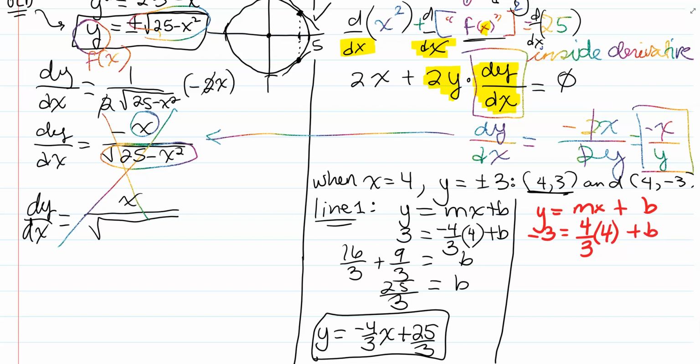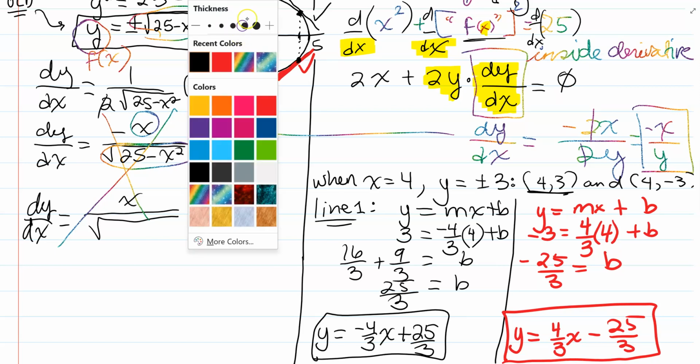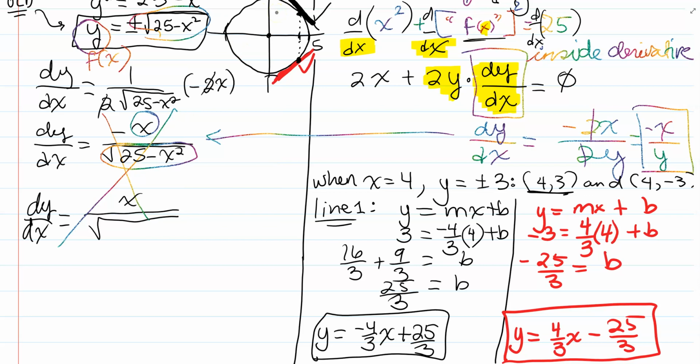So you subtract 16 over 3 over here. So you have 25 over 3 is equal to b. So then the second equation is y equals 4/3 x minus 25 over 3. And that is the one that goes uphill right here. So you have this red tangent line here and the black tangent line here.